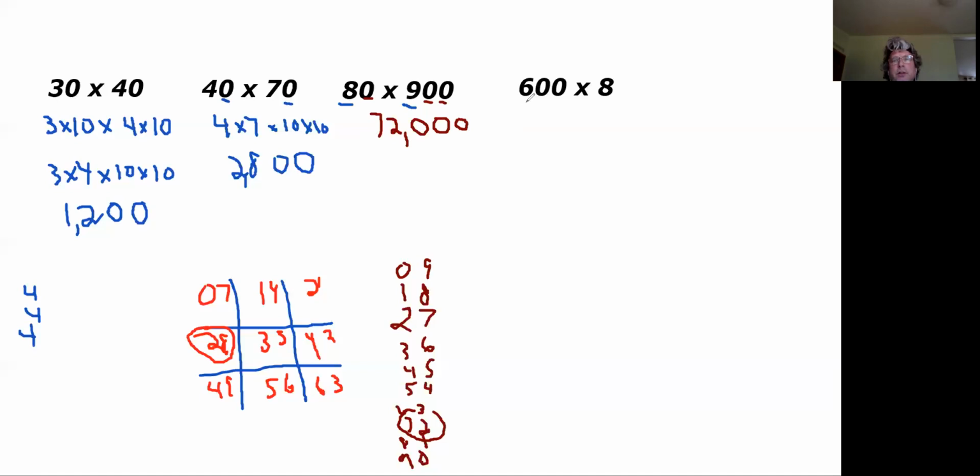If I do 600 times 8, we would just multiply the 6 and the 8. So I can use the 8 facts for that. So if you use the 8 facts, that's going to be 0, 1, 2, 3, 4, 5, 6, 7, 8.